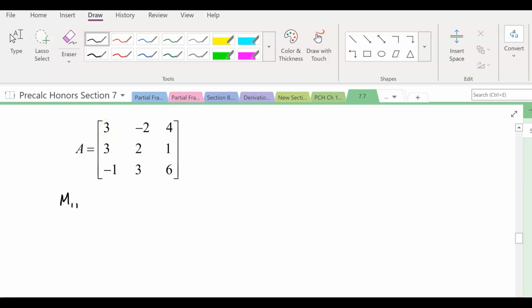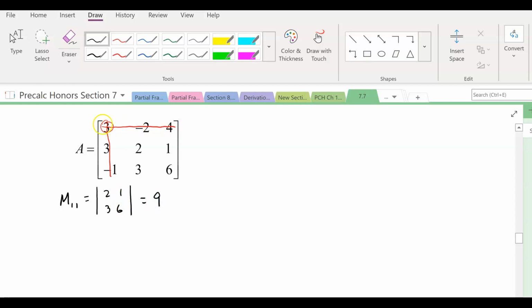So when we're finding the minors, since we're working with this 3, I'm going to cross out this row, and I'm going to cross out this column, and I'm going to find the determinant of the matrix that's left over. So it's 2, 1, 3, and 6. So that's going to be 12 minus 3. So that's going to be 9.